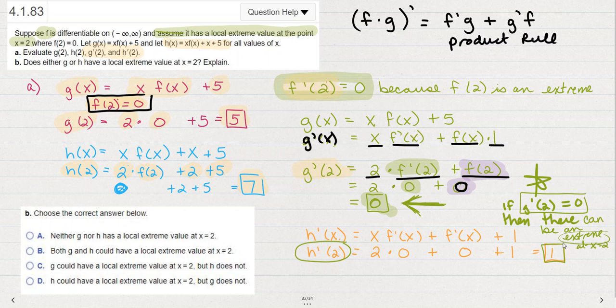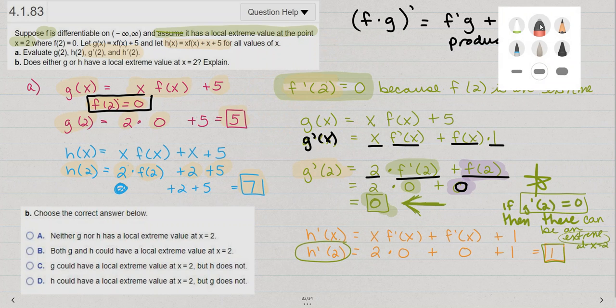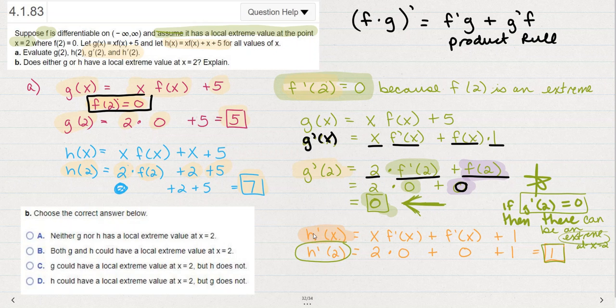So let's finish that. h prime of x is given as the first, that's x, times the derivative of the second, plus the second times the derivative of the first. So we get x times f prime of x, and then plus f of x times the derivative of x, which is 1.